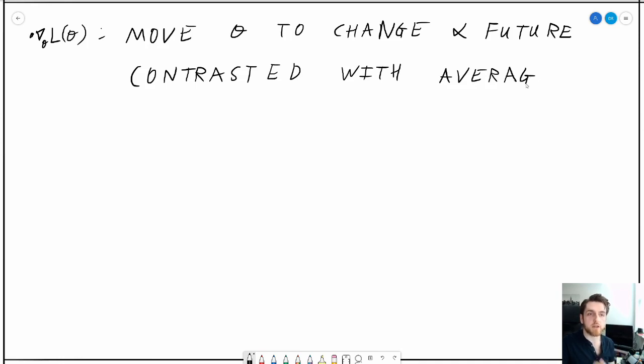What this is essentially doing is whenever we run a trajectory and we calculate these differences, we sample a return in the future of an action, and if that return is higher than what we would expect the return to be on average, then we increase the probability of that action. If it's lower than the average, then we decrease the probability of that.